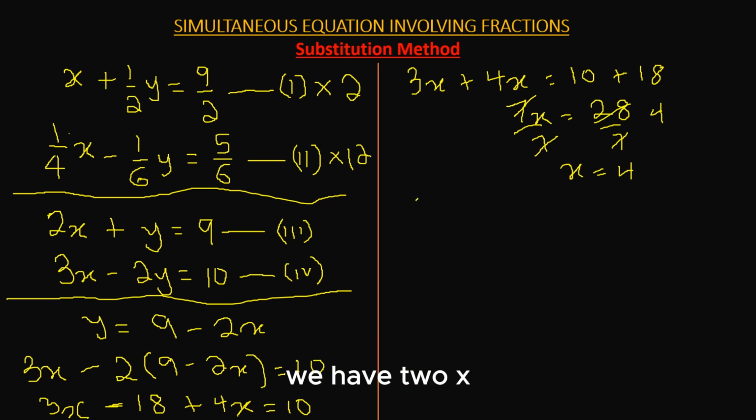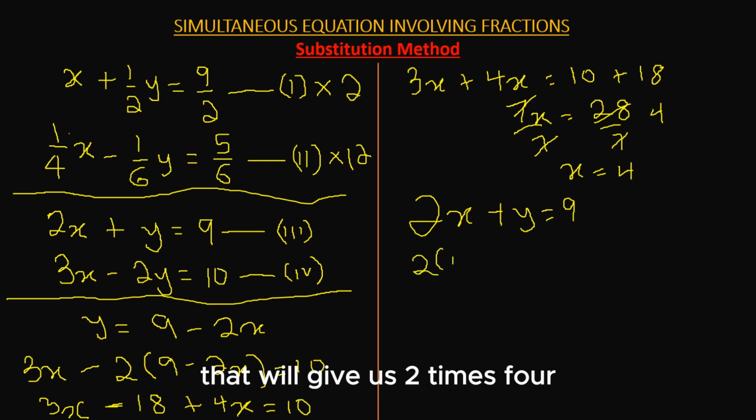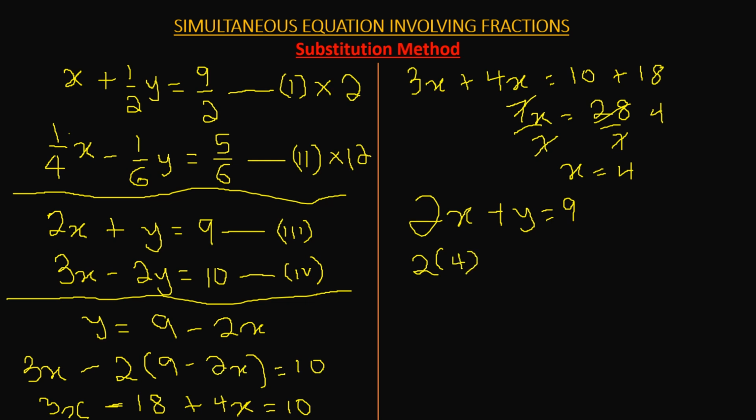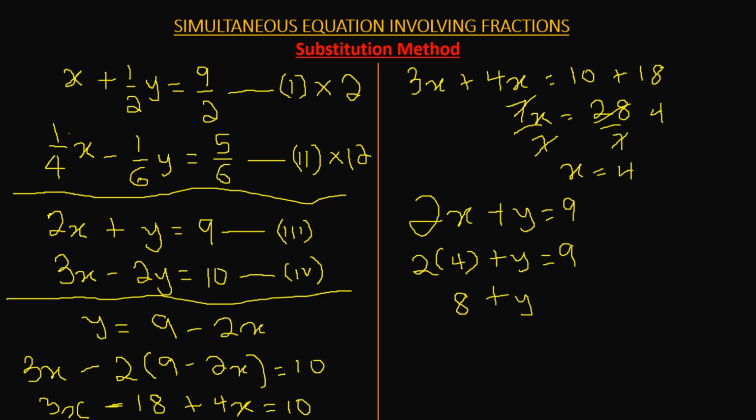In equation 2, we have 2x plus y equals 9. Since our x is equal to 4, that will give us 2 times 4 plus y equals 9. So 2 times 4 will give us 8 plus y equals 9.